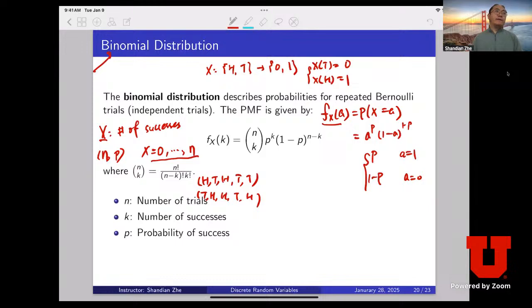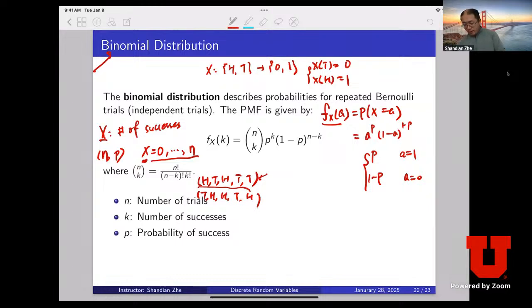So your random variable X is actually a mapping from one sequence in your sample space to the total number of heads within this sequence. Does it make sense?